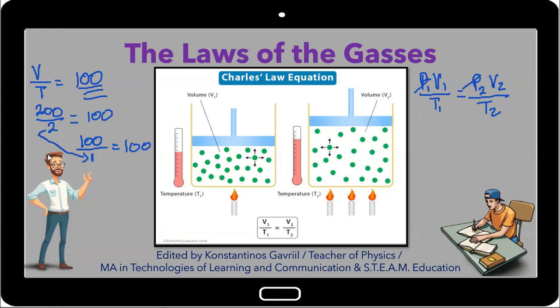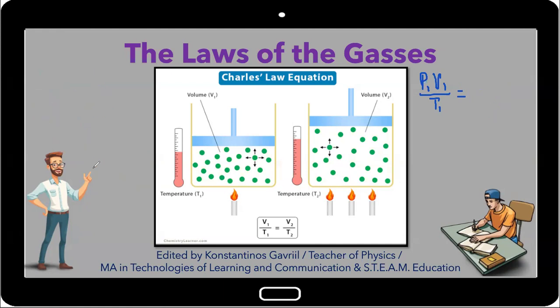So you see, when I divide now by 2, because here, in order to arrive here, I have divided by 2 the numerator, the denominator also follows the same concept. It is divided by 2, okay, in order to get 100. So what happens to the one quantity happens to the other also. This means that we have a proportional behavior. Okay, the V and T have a proportional relation.